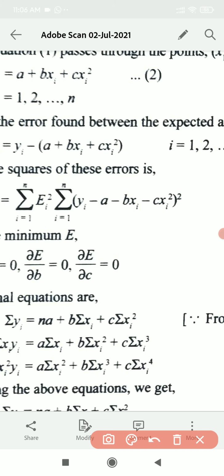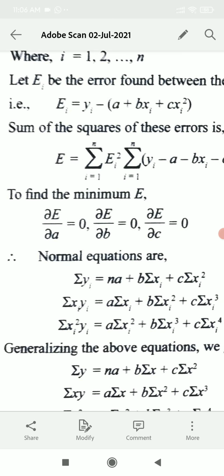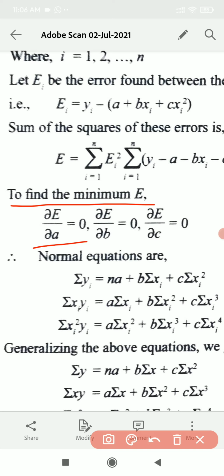Then you find the minimum of e by differentiating: dou e by dou a equals 0, dou e by dou b equals 0, dou e by dou c equals 0. Therefore you will get the equations like this.